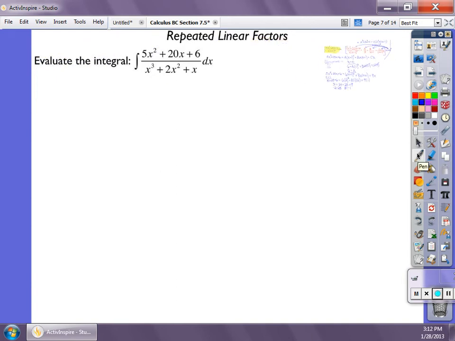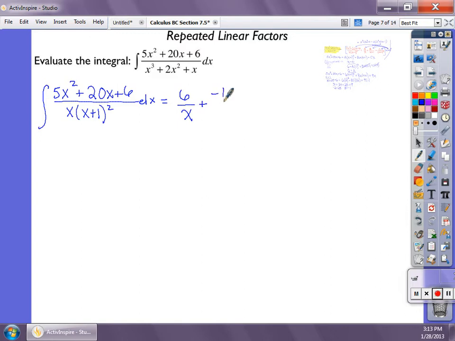And so what we can say is that the integral of 5x squared plus 20x plus 6 all over x times x plus 1 squared dx, we said that was equal to a over x, but a in this case was 6, plus b over x plus 1, but b was negative 1, and then plus c over x plus 1 squared, but we got c to be 9.